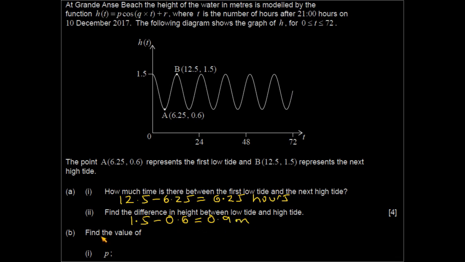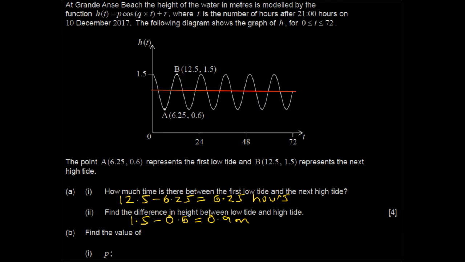Alright, next it says find the value of p. So if we remember, this function here was h of t is equal to p cos(q times t) plus r. So what we need to do here is find p. So p is going to be the amplitude of the function. The amplitude, if you remember, is the height from the top to the centre.